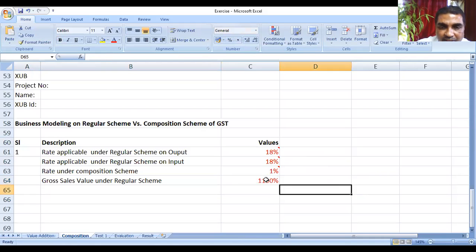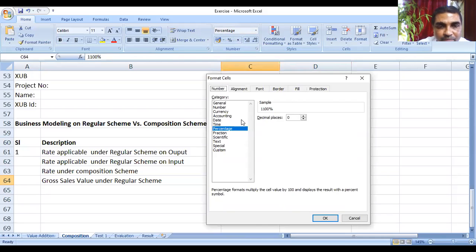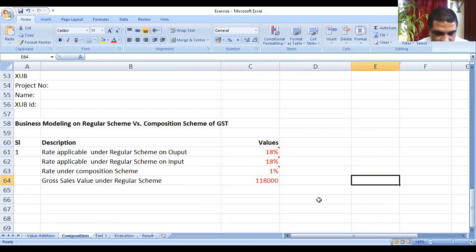I have to format this cell. It automatically became a percentage. One second. I'll make it General. Is it okay? Gross sales at regular scheme, this much.